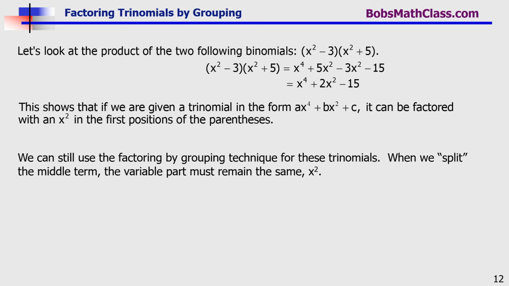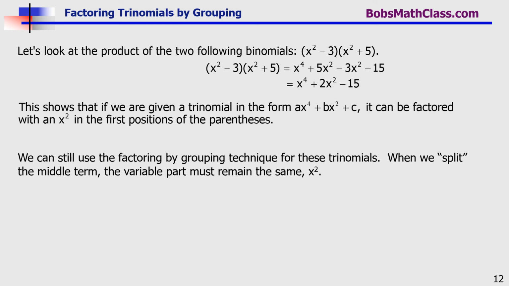Alright, so if we have a trinomial in this form, ax to the 4th plus bx squared plus c, it can be factored with x squared in the first positions of the parentheses. And we could still use the factoring by grouping technique for these trinomials. When we split the middle term, the variable part must remain the same, x squared.